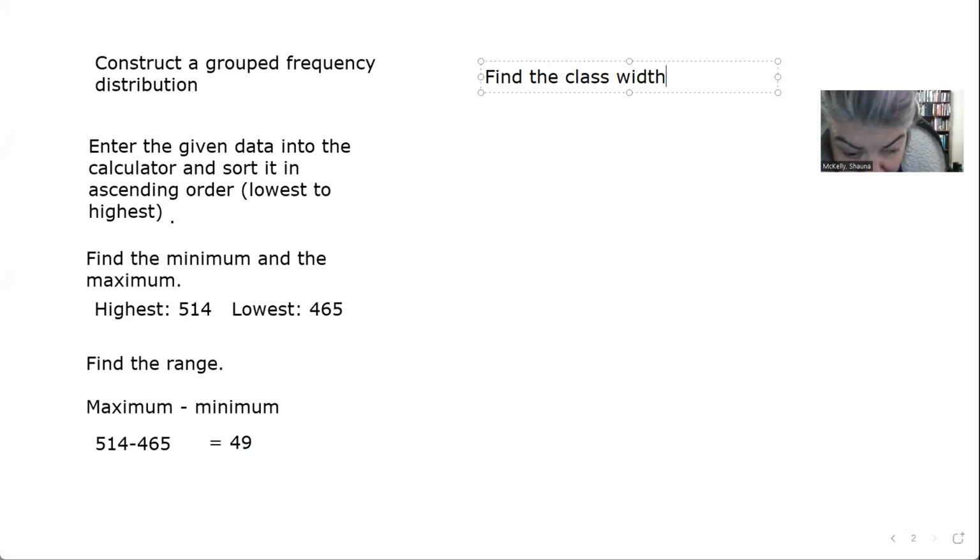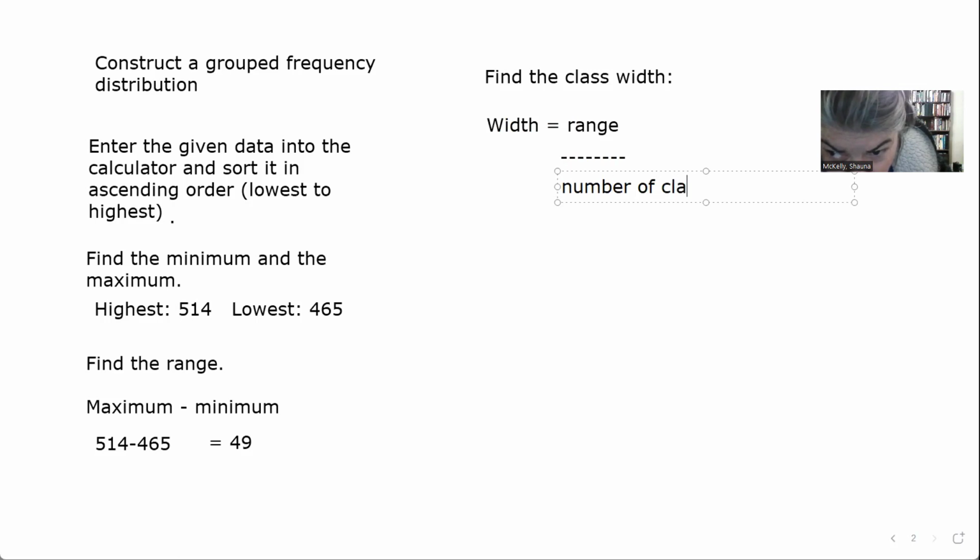Okay. And the way you find the class width in this class is the width is going to equal the range, which is why we needed to find it first, divided by the number of classes that you want to make. So we know what the range is. We just calculated it a minute ago. And the number of classes is given to us in the problem.